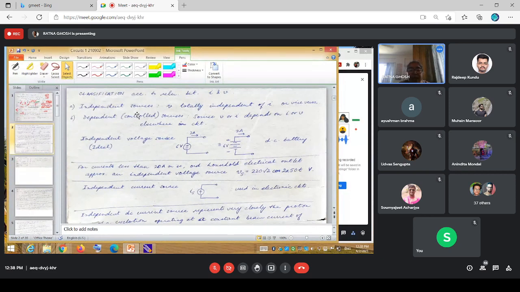For currents, I do have one thing listed out here. Can anybody tell me an independent current source? An independent voltage source is relatively easier to find. Whenever you're thinking of sources, you are mainly thinking about voltage sources.